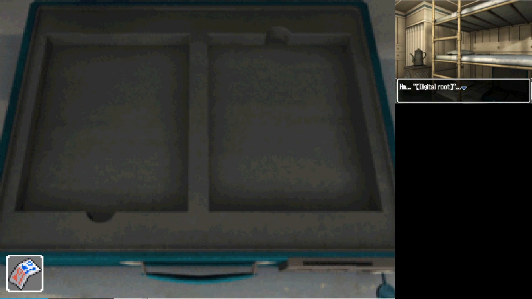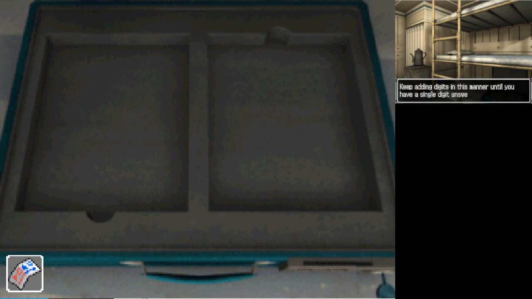It's in this file. Digital root. Let's see here. Compute a digital root with the following steps. First, add all the numbers in question to one number. If you end up with something greater than a single digit, add the digits to one another. If you have a double digit number, add the number in the tens place to the number in the ones place.